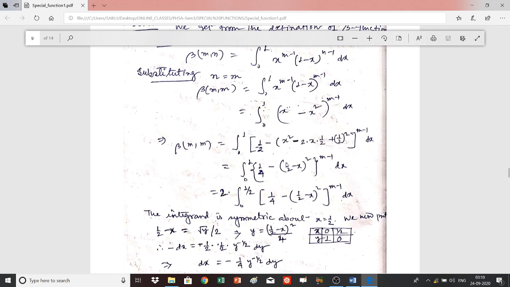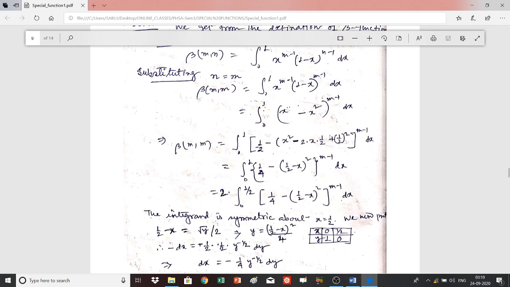Then this term will give you plus x, and this term will give you 1/4 and minus 1/4. So it is actually 1/4 minus this term. So this will give you actually this.